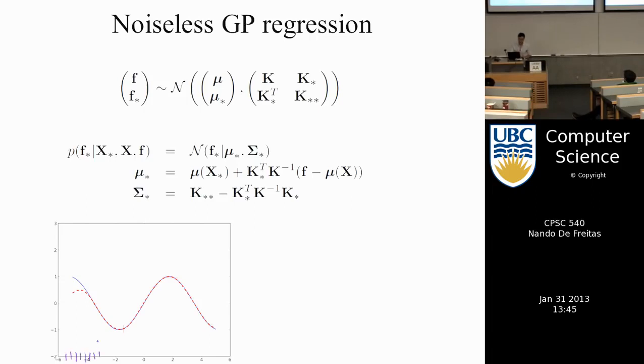For those 50 points, I'm plotting the mean, mu star, and the variance, k star star. The sigma star is giving me this width, and this location here is mu star.